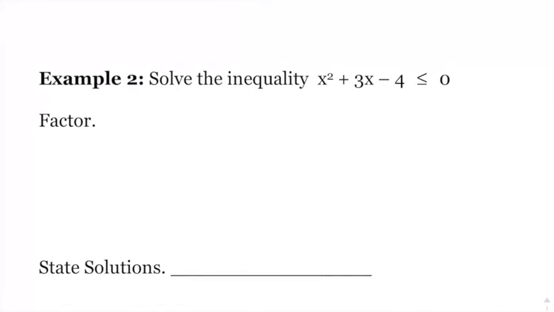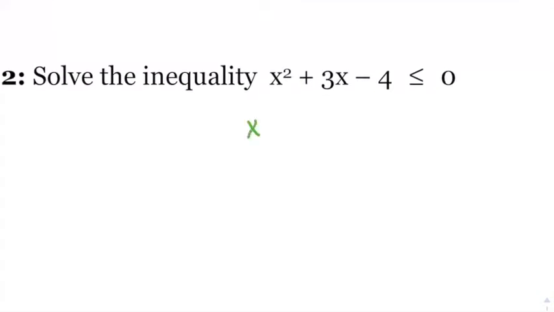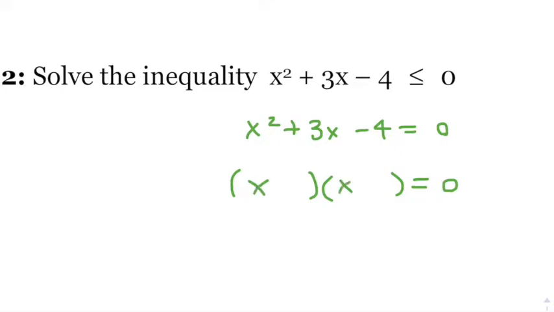Example 2, solve this inequality here. It's less than or equal to 0. So we'll see how that changes. So first of all, we'll factor the left-hand side. I guess we need to set it equal to regular 0 first and then factor. So I need numbers that multiply to -4 that add up to +3.